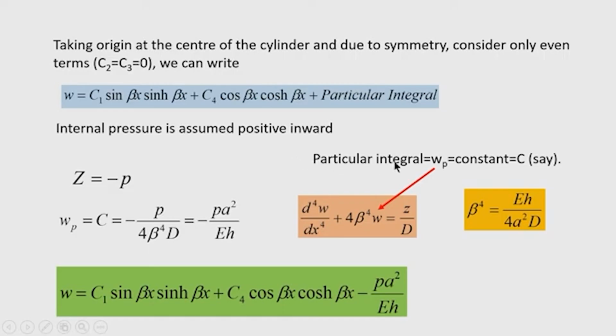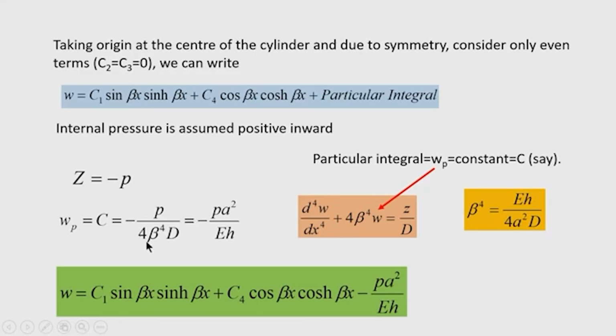According to the theory of undetermined coefficients in the linear differential equation, we now assume that the particular integral W p is a constant C. So, substituting C in this expression, because C is a constant, when it is differentiated you will get 0 here, but here you will get 4 beta to the power 4 into C, and beta to the power 4 is nothing but E h divided by 4 a square D. So, W p, that is the particular solution, C, now comes out as minus P divided by 4 beta to the power 4 into D, where D is the flexural rigidity.